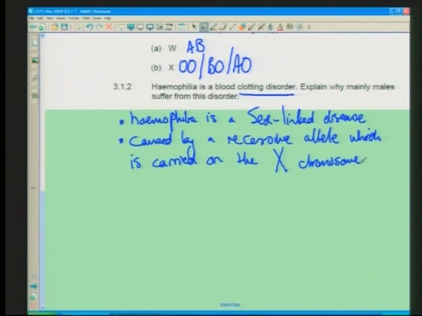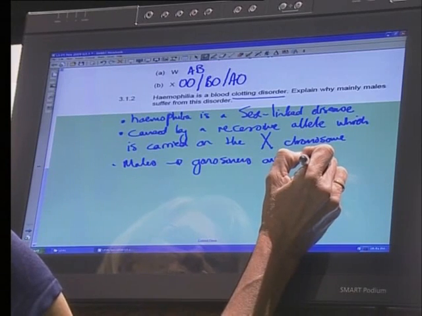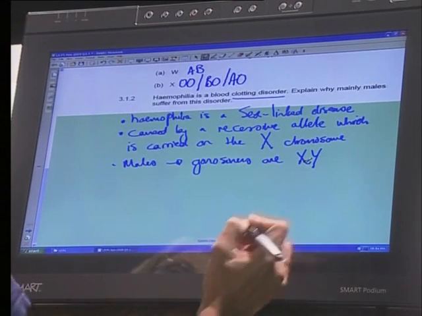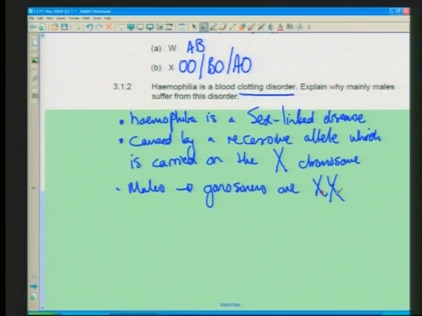Now remember, in males the gonosomes, which are the sex chromosomes, are XY. If, for example, the hemophilia gene sits there, there is no complementary allele here because this doesn't exist on the male.